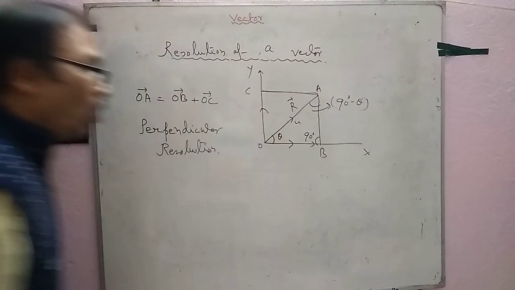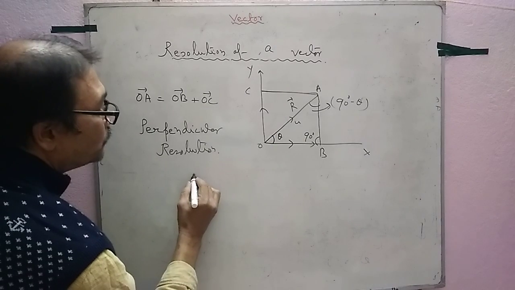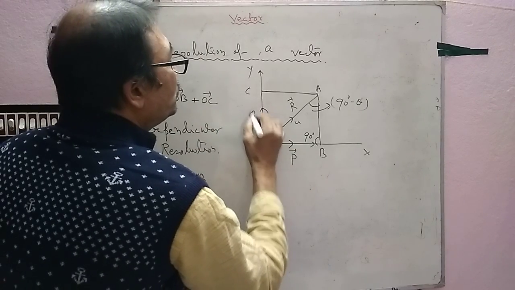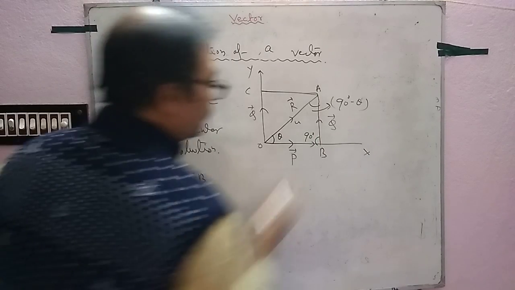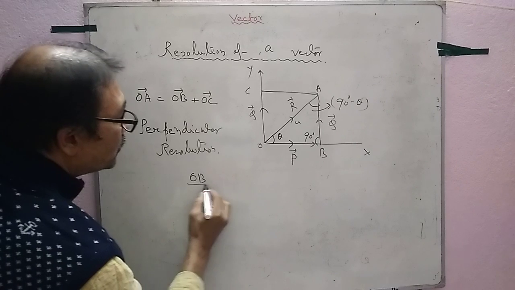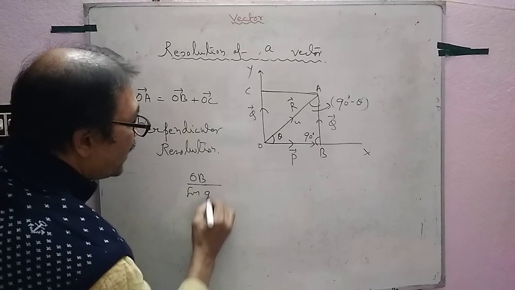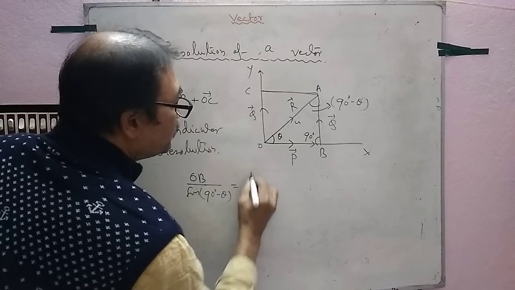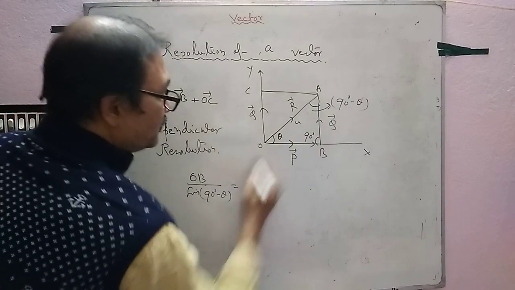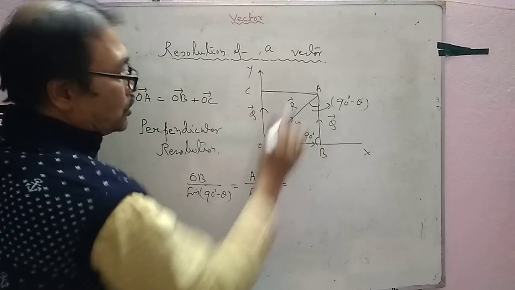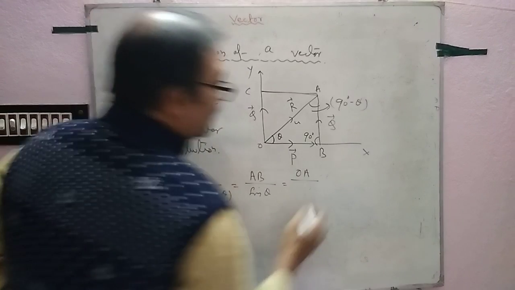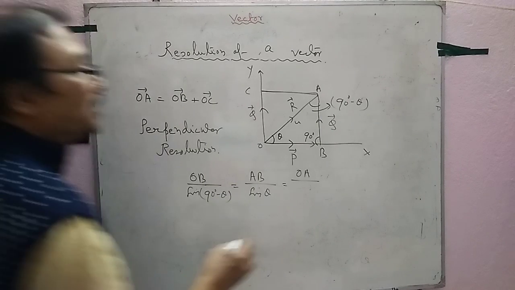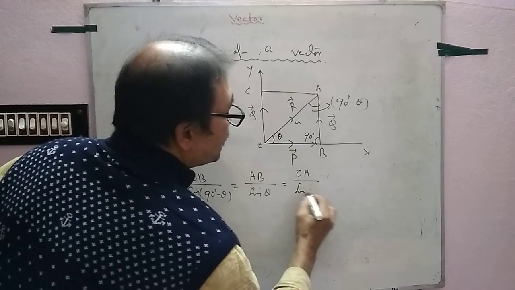From the law of trigonometry we can write, side OB, this vector P, this vector Q, so this vector also Q. OB by sine of the opposite angle 90 degree minus theta equal to AB by sine theta, equal to OA by sine 90 degree.